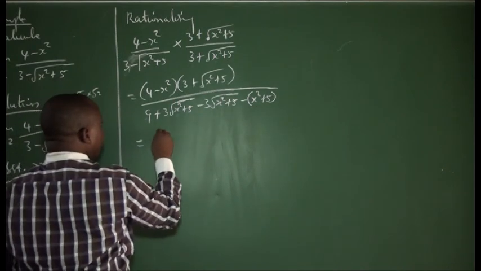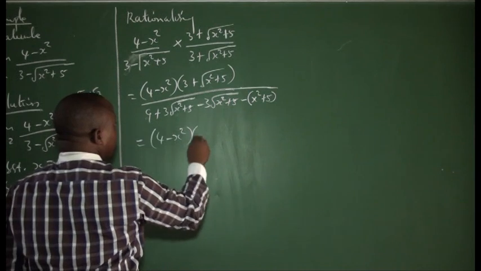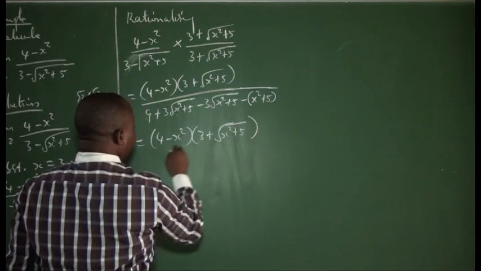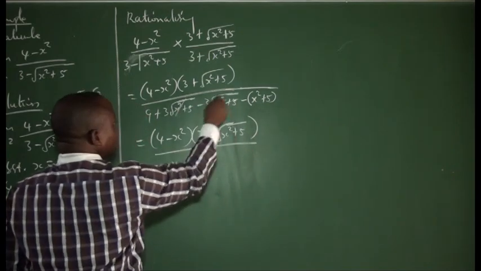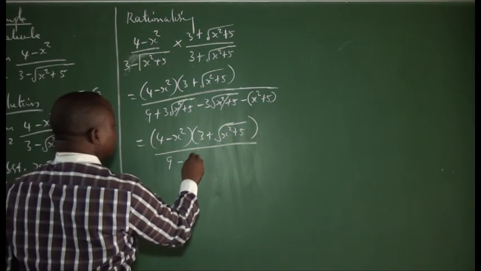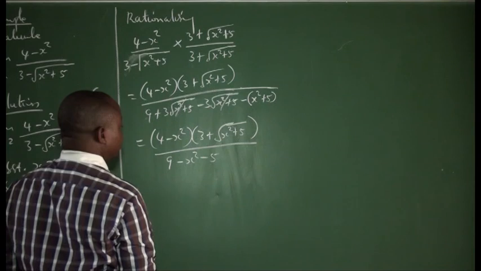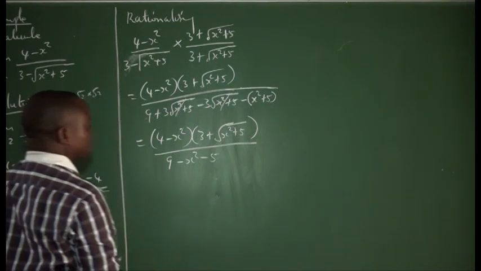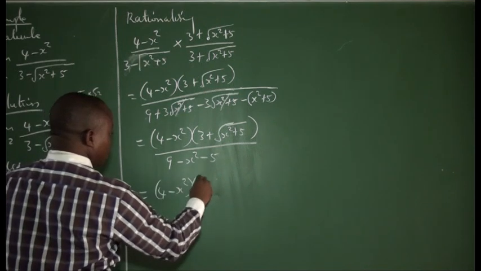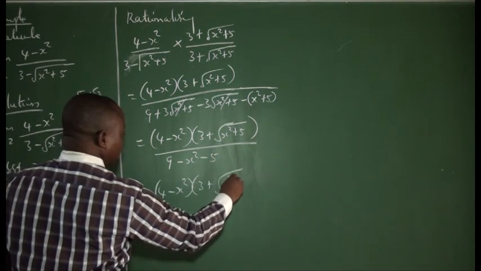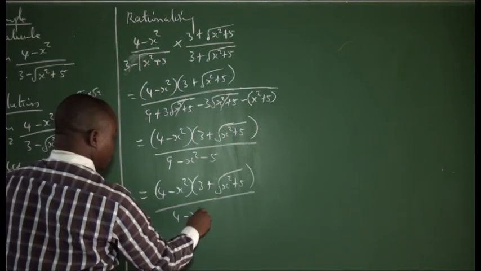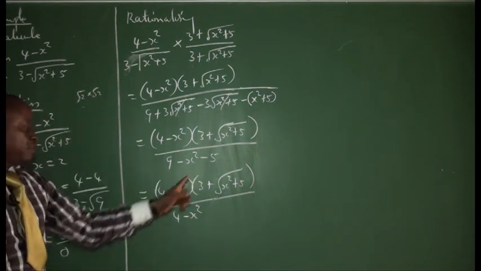This will give us (4 minus x squared)(3 plus root of x squared plus 5) over 9 minus x squared minus 5, which is 4 minus x squared, since 9 minus 5 is 4.